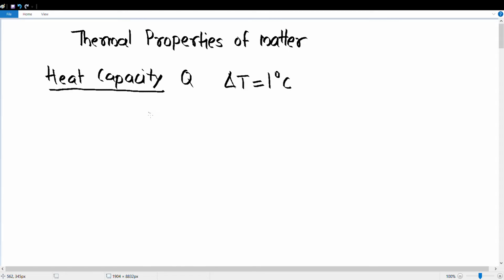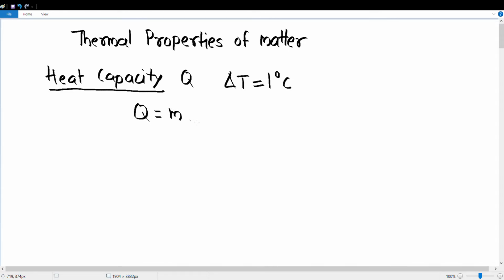If there is a change of temperature of 1 degree Celsius, at that time the heat Q is absorbed by the body, or this heat Q is released by that body, and that is nothing but the heat capacity of the body.